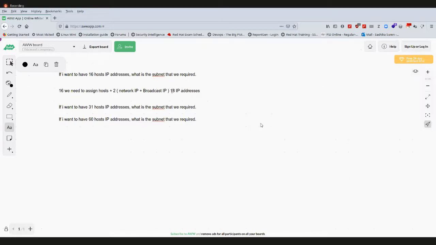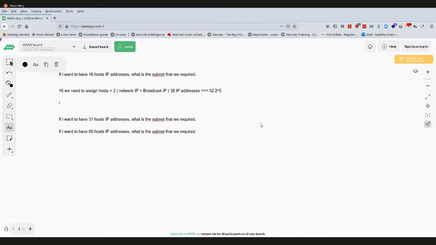What is the nearest 2 to the power value for 18? It's 32. That means 2 to the power 5. So we have to remove the last 5 bits for the host.